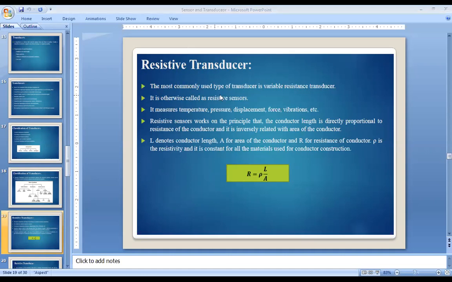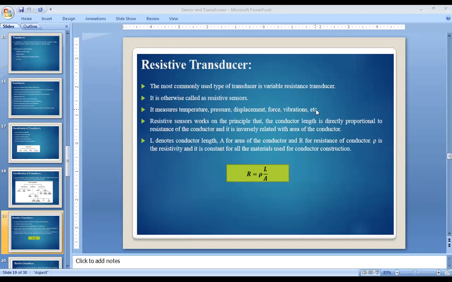Resistive transducers are the most commonly used type of transducer for variable resistance. That means their resistance varies by varying either their length or their area. So it is otherwise called a resistive sensor. It measures temperature, pressure, displacement, force, vibration, etc.